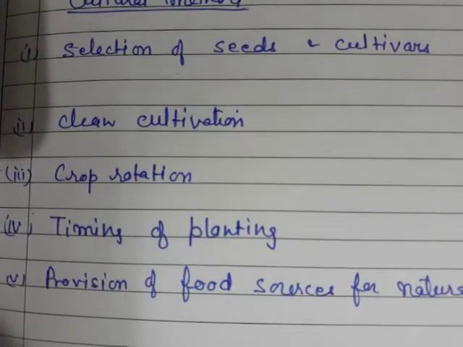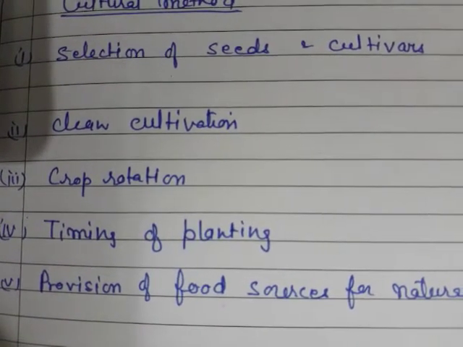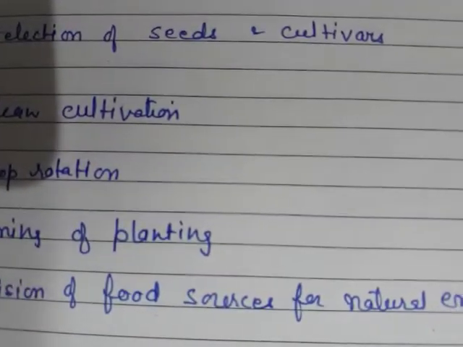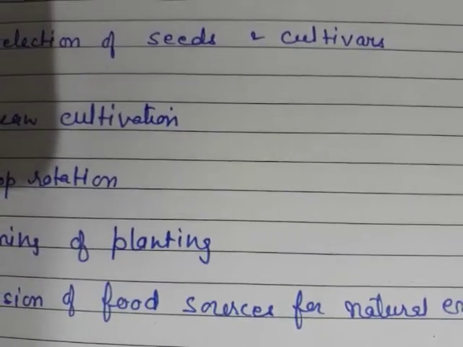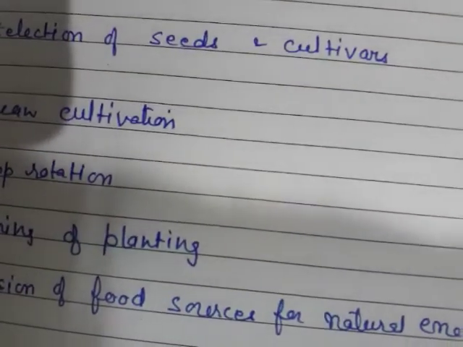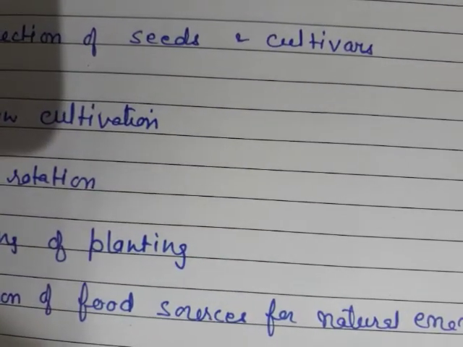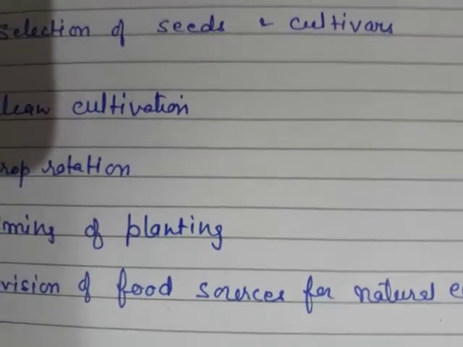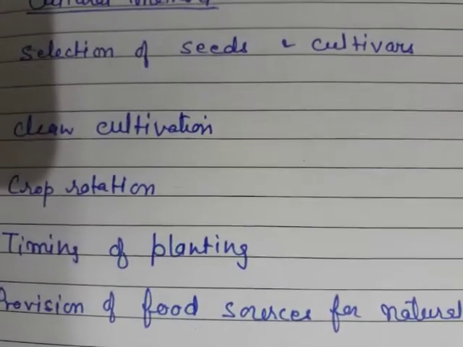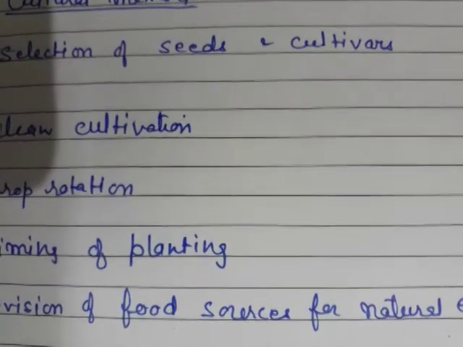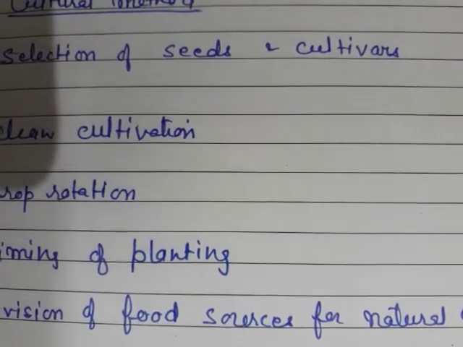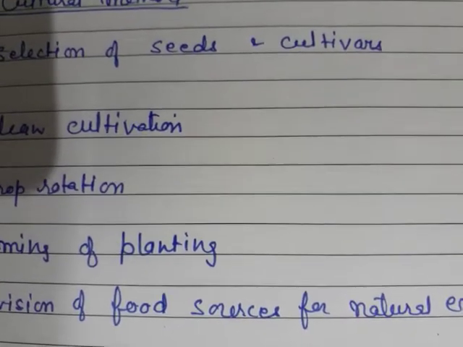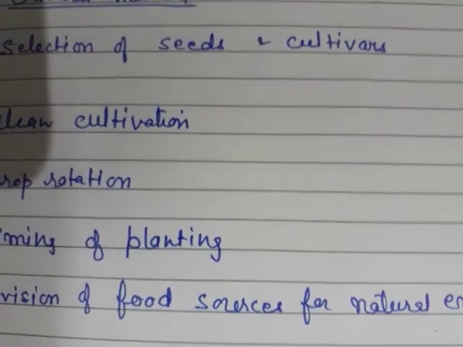There are also many aspects of cultural control, like timing of planting or harvesting, cultivation of trap crops, nutrient management or manuring, pruning of crop, plant density, water management, strip farming and intercropping.